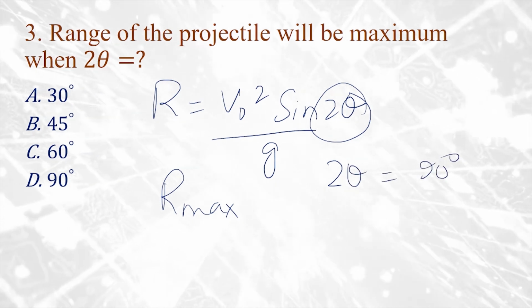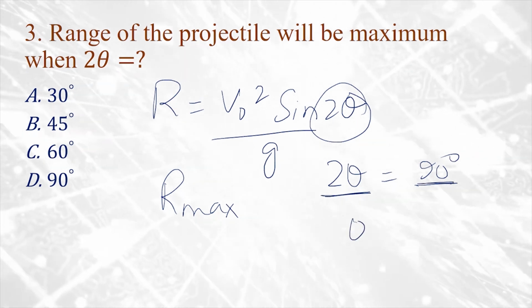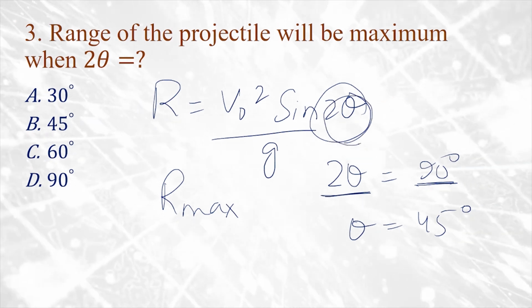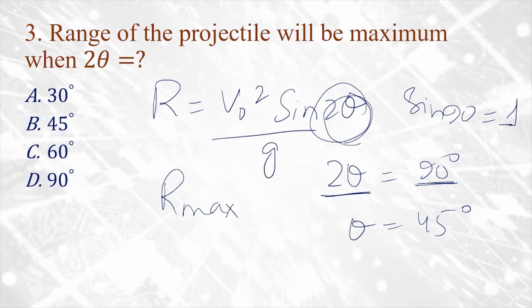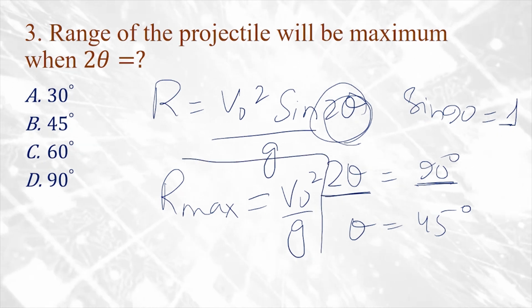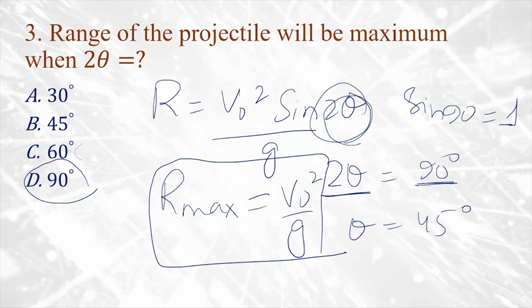So when 2 theta is equivalent to 90 degrees, theta is 45 degrees. If you substitute 90 degrees here, sine 90 gives you the value 1. So the range will become V naught squared over g. So this is the correct answer.